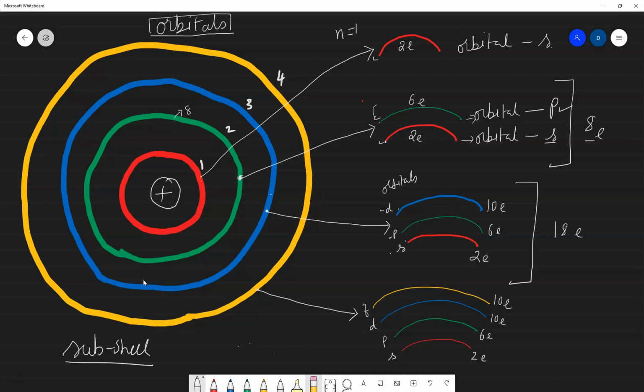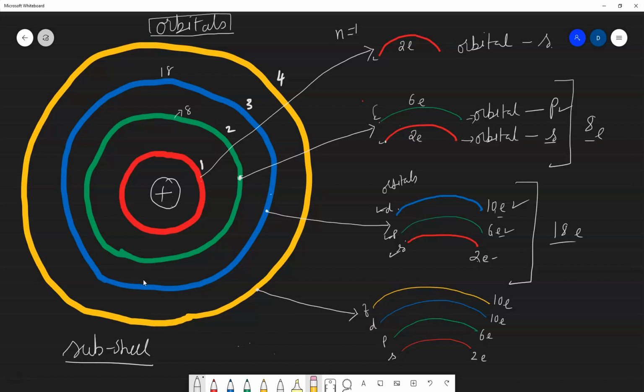The third shell has 3 orbitals: s, p and d. The s orbital has 2 electrons maximum, the p orbital has 6 electrons maximum, and the d orbital has 10 electrons maximum. We also know that the maximum number of electrons in shell number 3 is 18. So when you add up 10 plus 6 plus 2, you get 18.